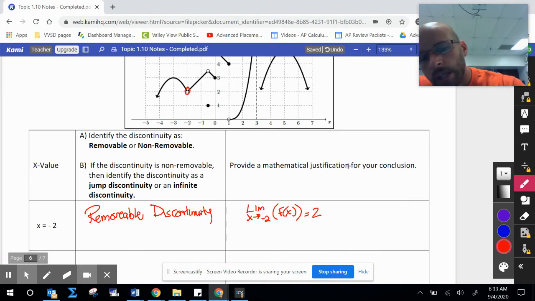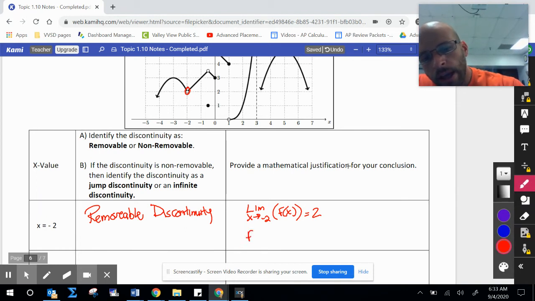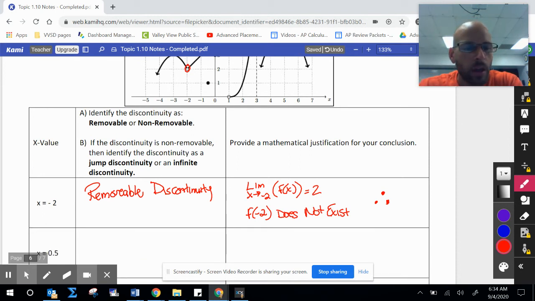It's 2. However, f of -2 does not exist. Therefore, if I wrote a sentence, I could use my little therefore symbol. Therefore, you know that there's a removable discontinuity because the limit does not equal the output.